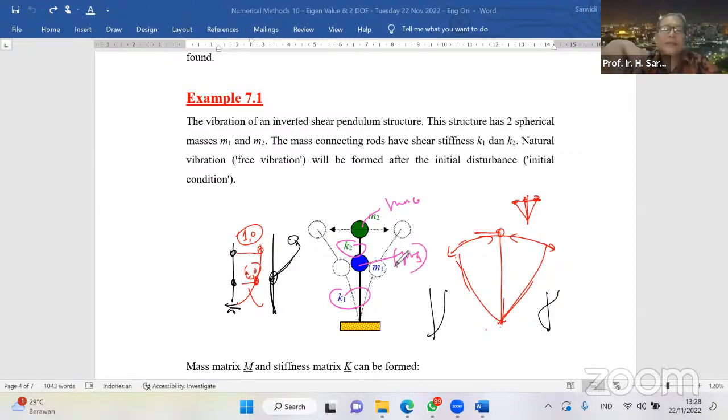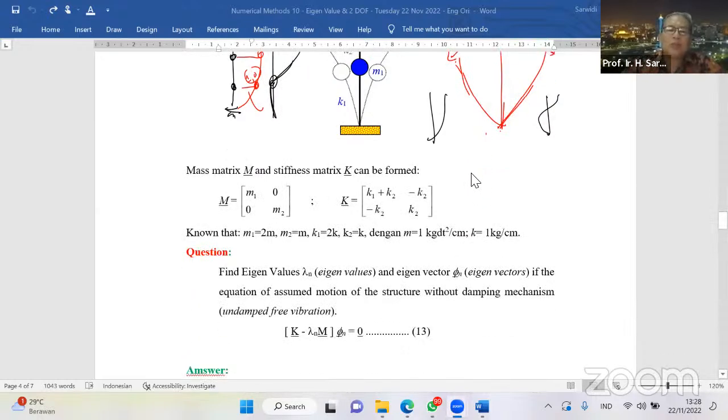You assume that this only moves left and right, not going other ways. So we call it a 2 degree of freedom, 2 DOF, because there are only 2 possibilities of moving.